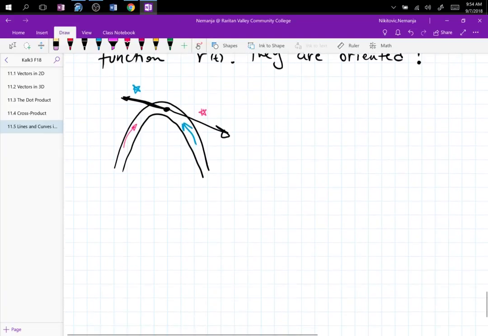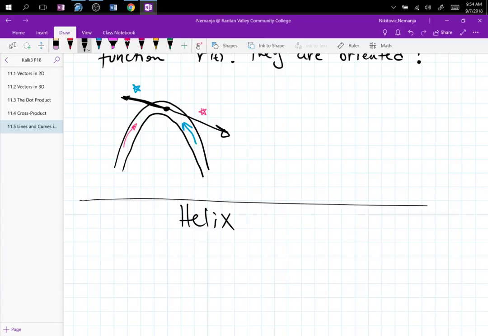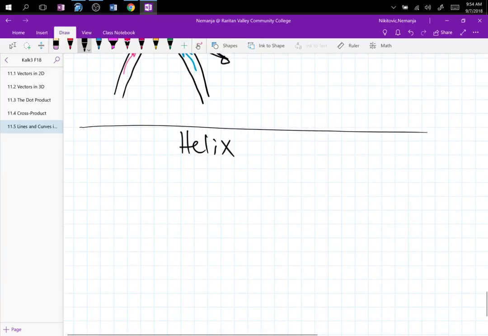So now, let's talk about Helix. If you ever disassembled a pen, you found a little spring inside.